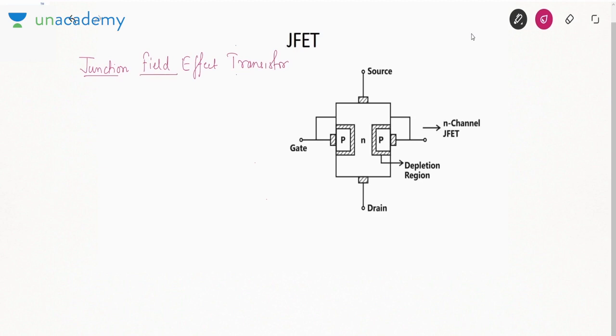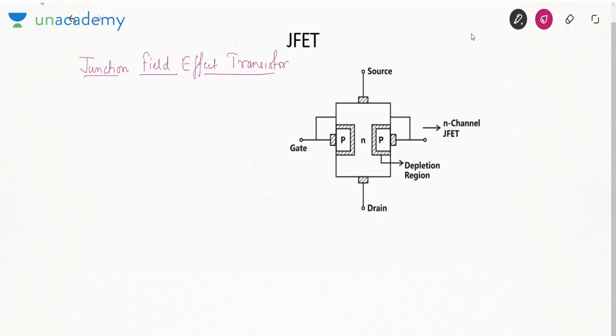Okay. Now what is the meaning of this name? I told you by field effect transistor, what we mean is we can control the flow of current by means of the electric field. Then what is the meaning of junction? Junction here means that there will be a PN junction in the device.